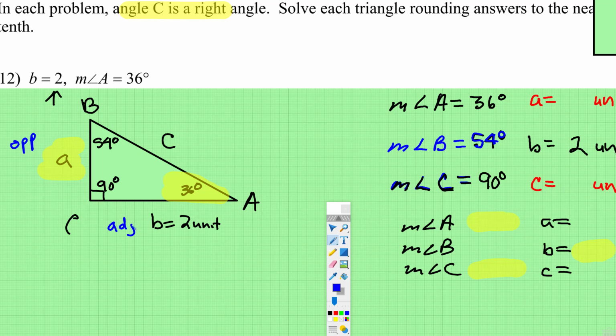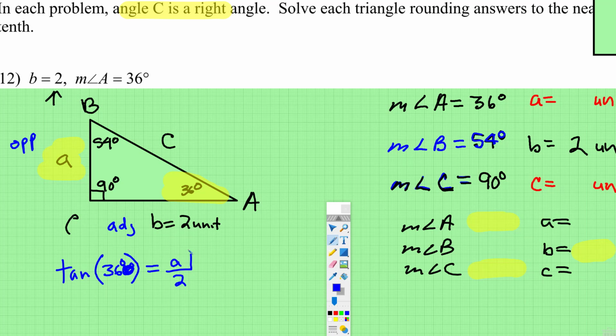Well, opposite and adjacent, that's tangent. So to find side A, we would say tangent of theta, well, theta is 36 degrees. Whoa, not 360. Tangent of 36 degrees is equal to opposite, which is side A, over adjacent, which is 2.